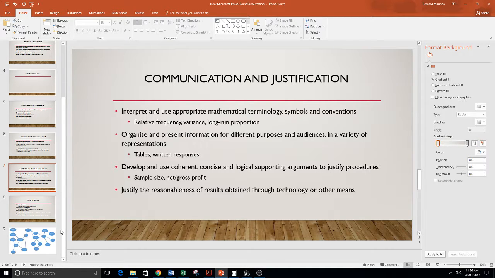And so we did that with the tables, but also translating the information in the tables into written responses. Then develop and use coherent, concise, and logical supporting arguments. So again, that was in relation to our sample size and our net or gross profit. And finally, justify the reasonableness of results obtained through technology or other means.